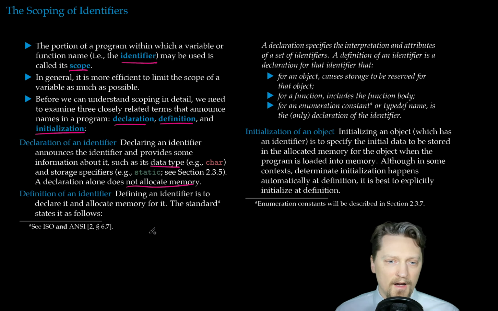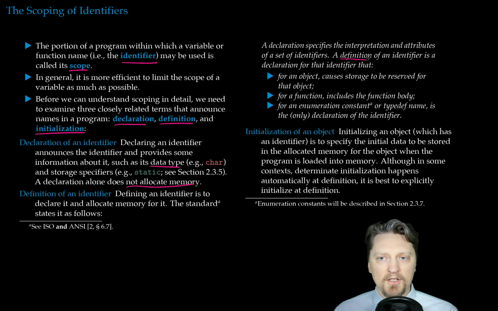Definition of an identifier. Defining an identifier is to declare it and allocate memory for it. So notice that every definition is a declaration and an allocation of memory. The standard states it as follows. A declaration specifies the interpretation and attributes of a set of identifiers.